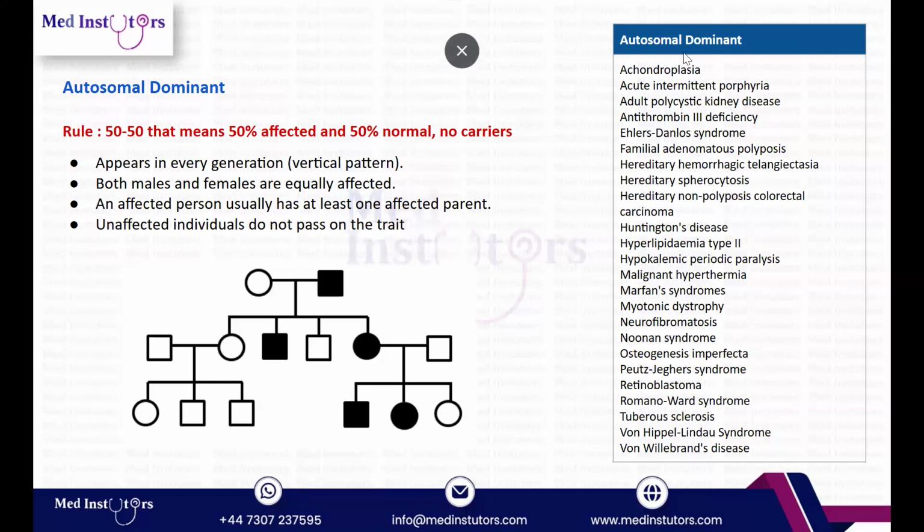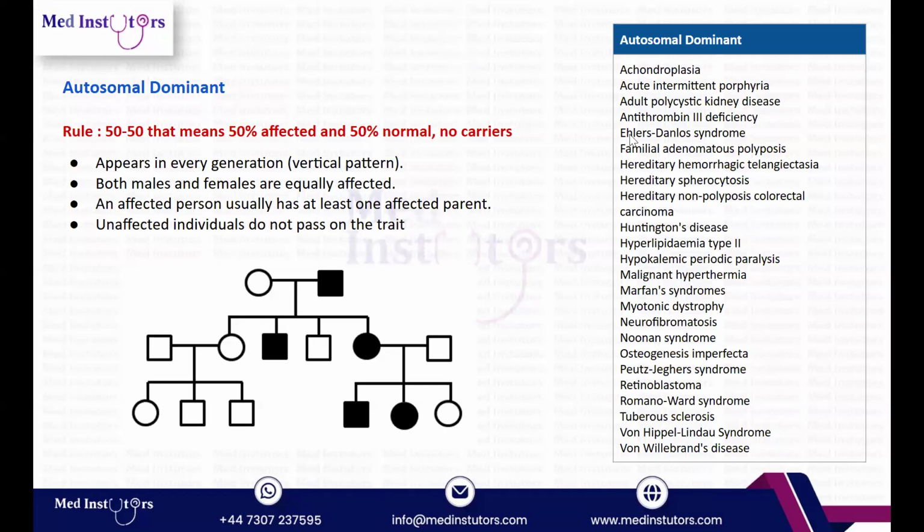Here's the list. These are the disorders which follow the autosomal dominant pattern. And for all of these disorders, the rule would be similar, that is the 50-50 rule. So in your exam, if you need to interpret any pedigree, you can find the right answer in two ways. One way is if you know the pattern.